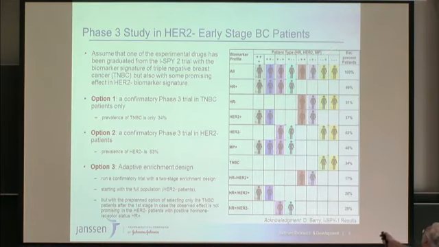And so you have already 8 subgroups that you can look at or select the patients or subgroup the patients. And then they created so-called signatures. So let's say, for example, HR positive are this type of patients, HR negative are this type of patients, and so on and so forth.